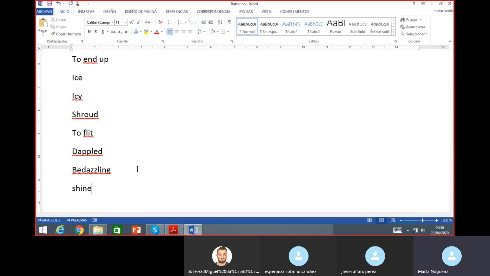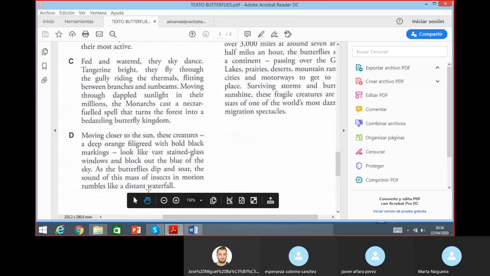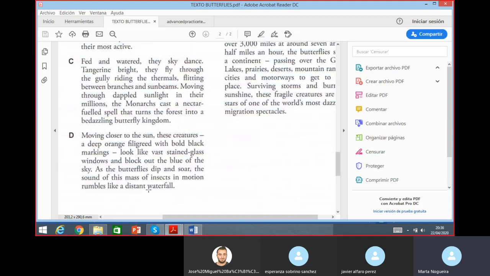Moving closer to the sun, these creatures, a deep orange filigree with bold black markings. Filigree is filigrana. Okay, this is like a pattern, the pattern of the colors and so on.